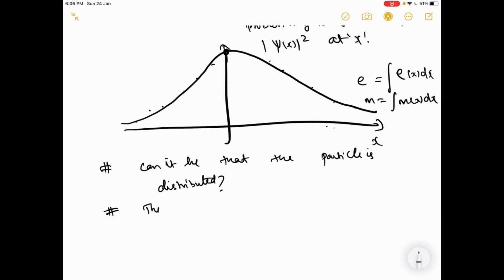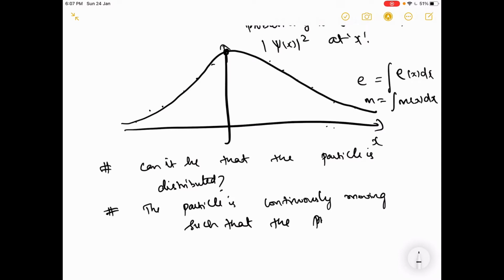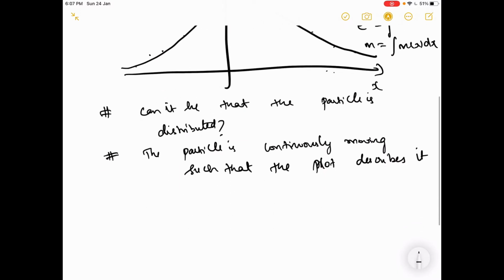Or the second thing to this is the particle is continuously moving such that the above plot describes its most probable positions.